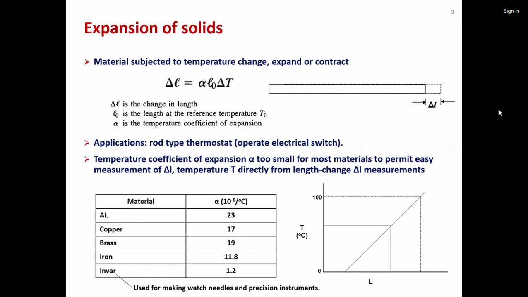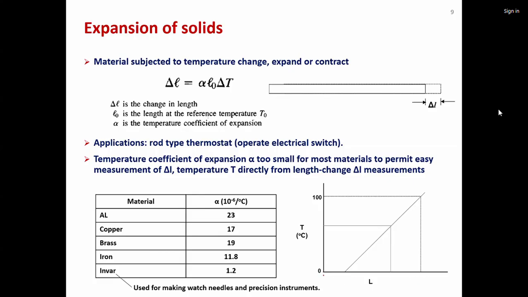Okay, so you need a very sensitive method of actually measuring this delta L. And for small temperature ranges like 1 degree, 2 degrees, you may not have a noticeable delta L to measure. That is one of the major limitations of this method of temperature measurement based on expansion of solids.